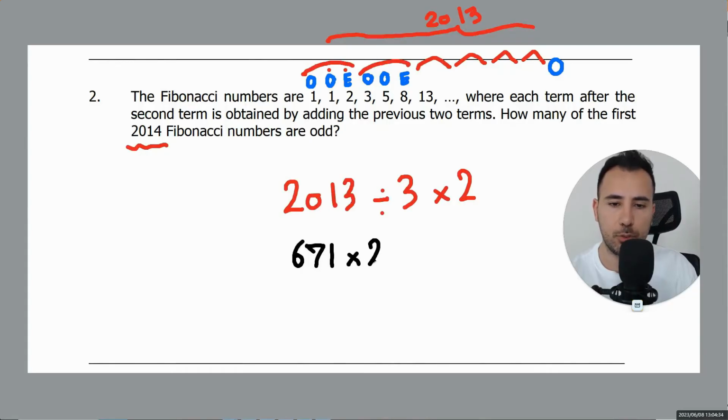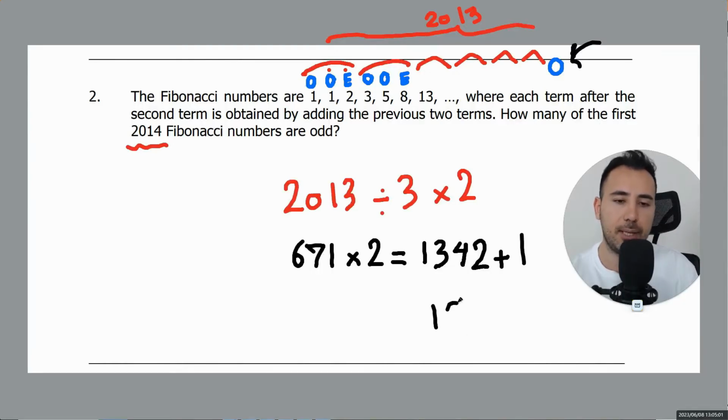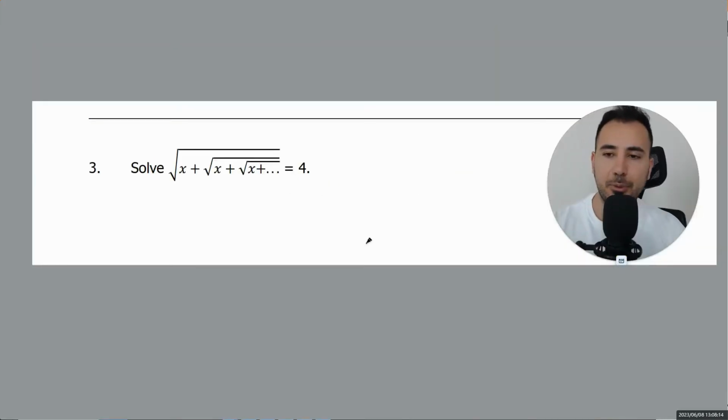Multiplied by 2, it is going to be 1342. So now 1342 are for these ones, but this one needs to be added to it. So plus 1. So the final answer is 1343.